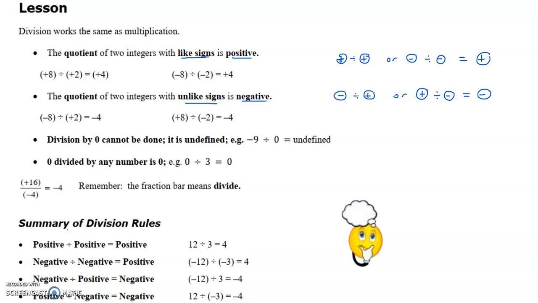We also need to remember some other division rules, that we cannot divide by 0. So for example, -9 divided by 0 will give you an error message on your calculator, and we need to know that that's undefined. So we can't do it, it's impossible. But 0 divided by any number is possible, and the result is 0.